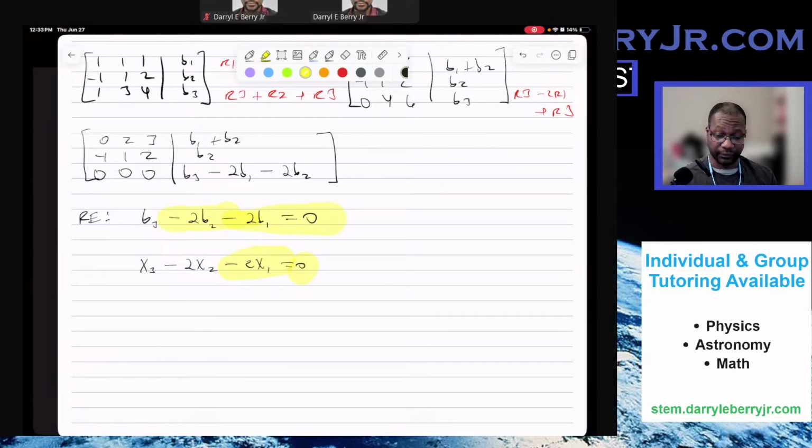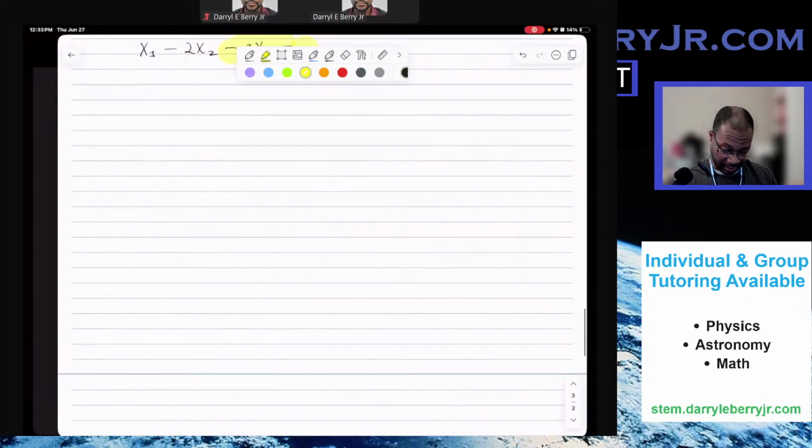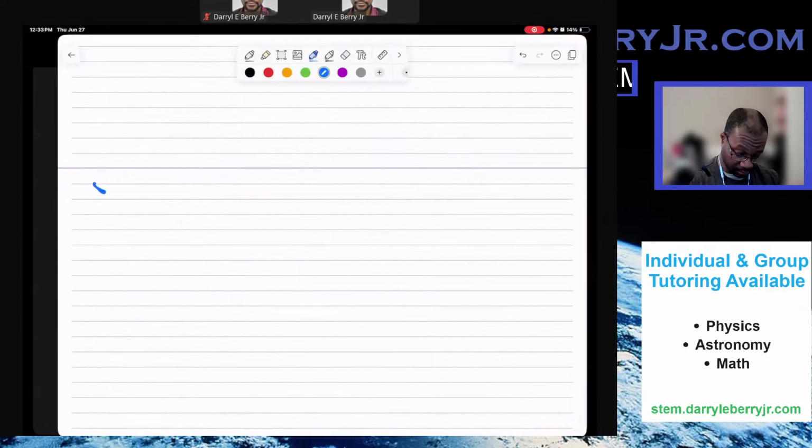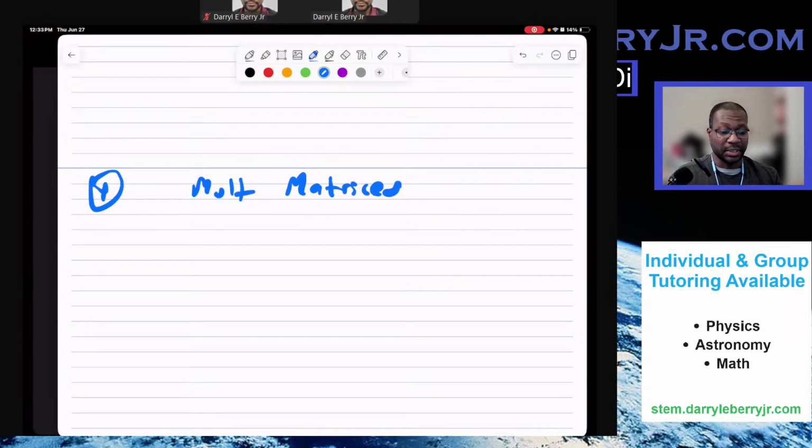Multiply matrices 4 different ways. Let's go ahead and do that. I'll type in a matrix.